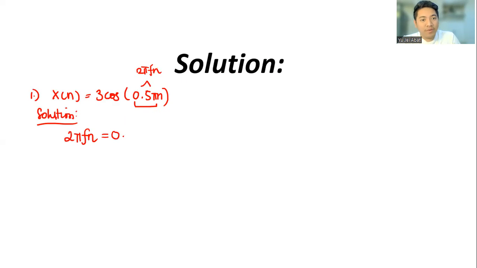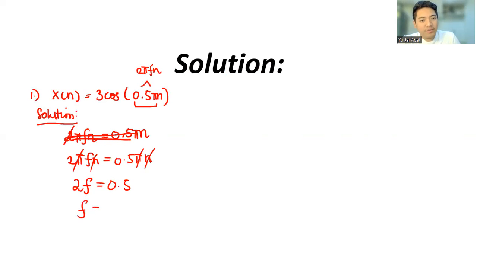So we have 0.5 pi n. The n will cancel, the pi will cancel, and you are left with 2f equals 0.5 here.